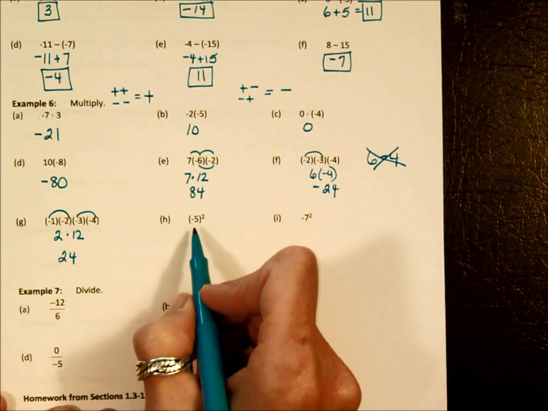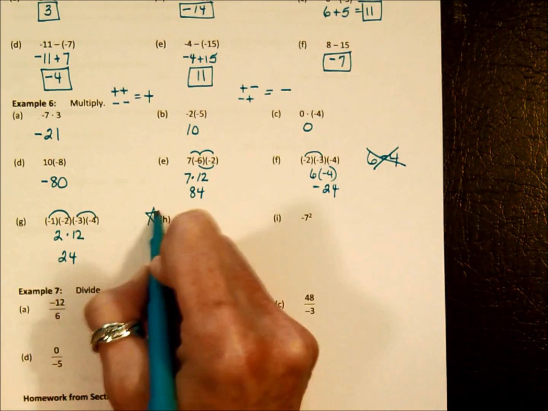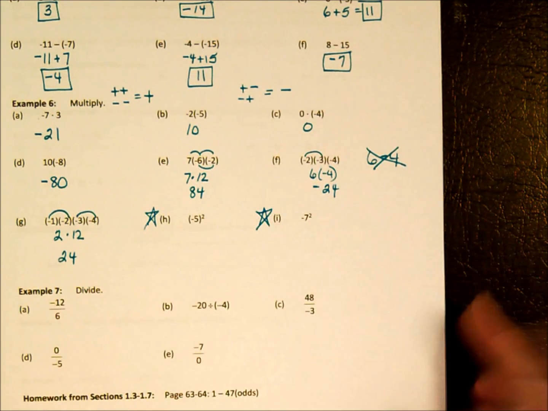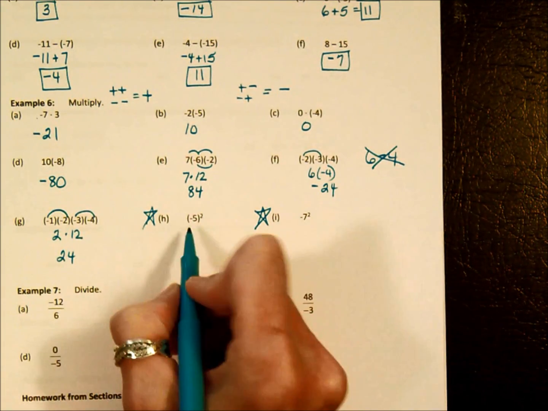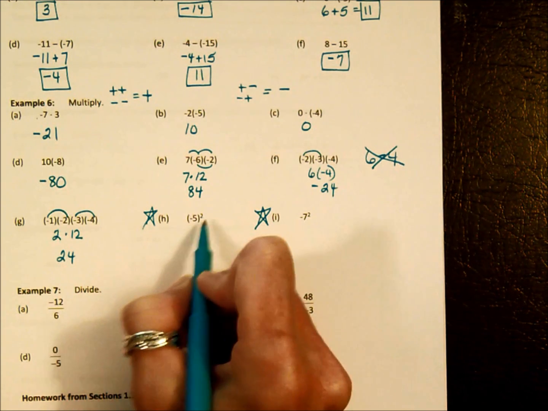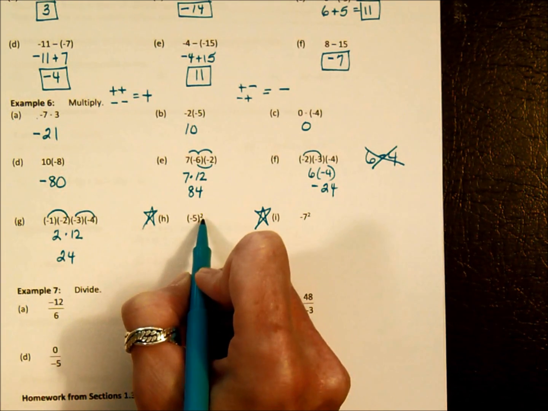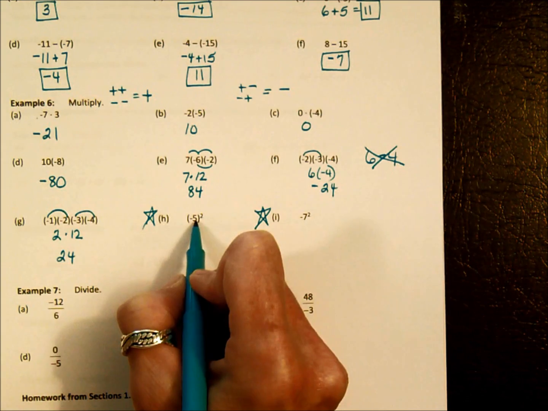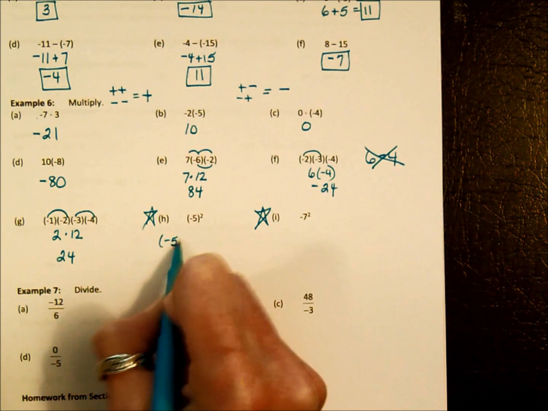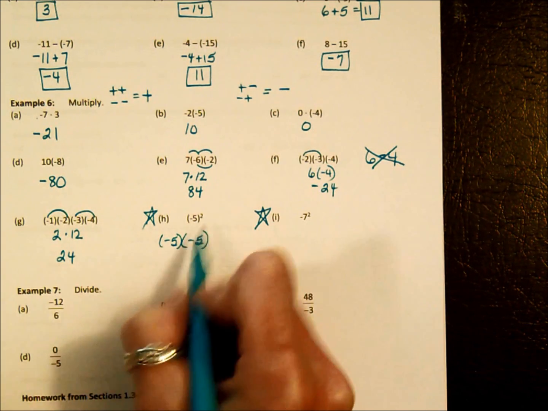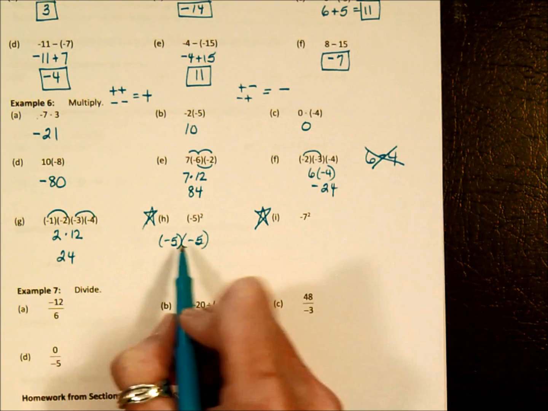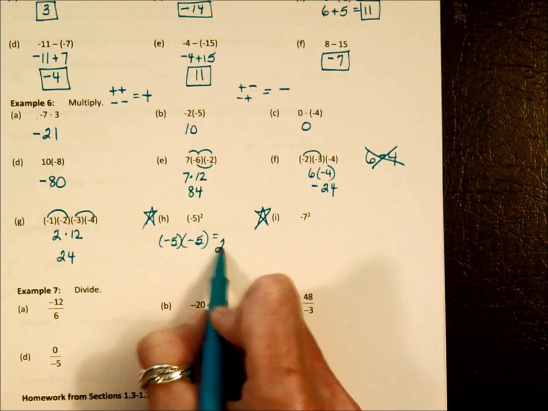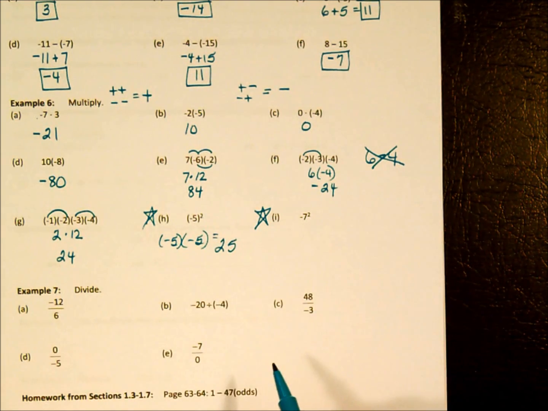Negative 5 squared. These two are very important, and we're going to return to these in another section. But here you need to understand that what is being squared is negative 5. So it's negative 5 times negative 5. The exponent means use it twice. Negative times negative is a positive 25.